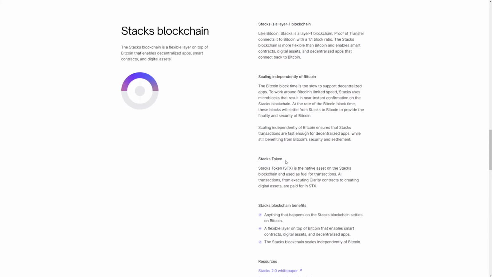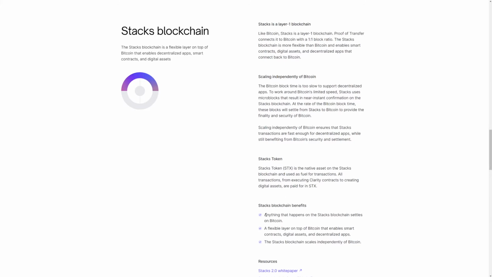So the STX token is the native asset on the STX blockchain, used as fuel for the transactions, and all transactions from executing Clarity contracts to creating digital assets are paid for in STX.